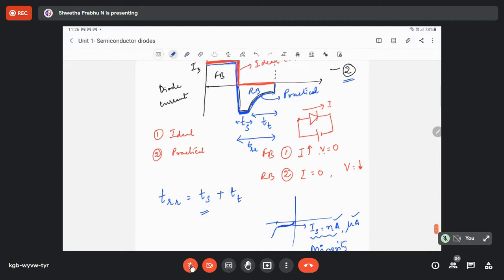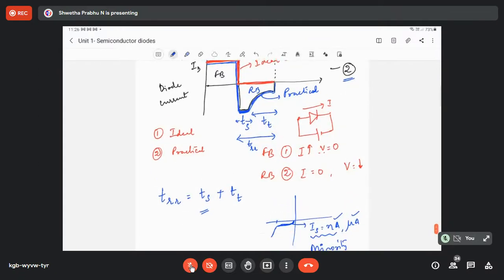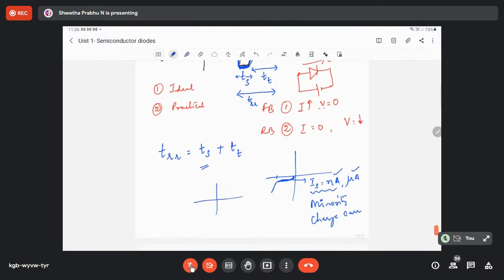Under the ideal case, when you switch from forward bias to reverse bias state, suddenly it goes to 0, correct? That is how we got the ideal graph: for forward bias like this, whereas for reverse bias like this.